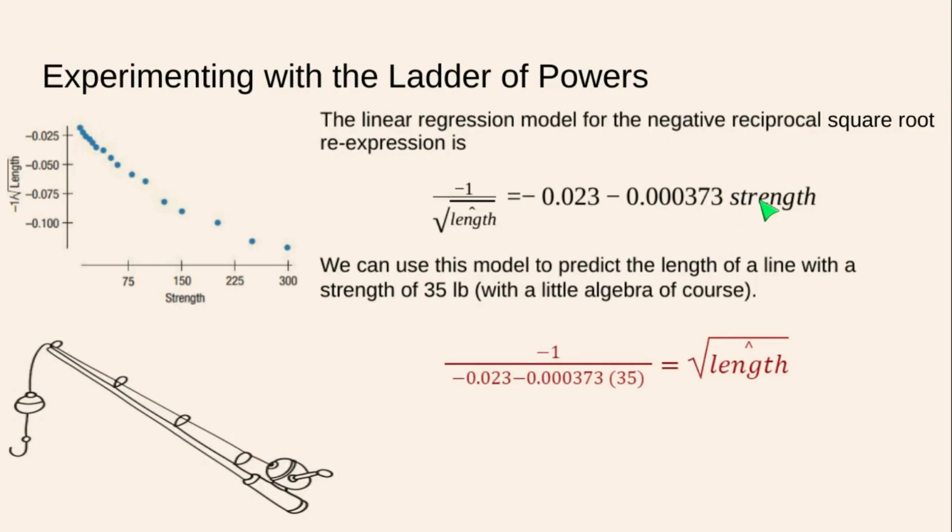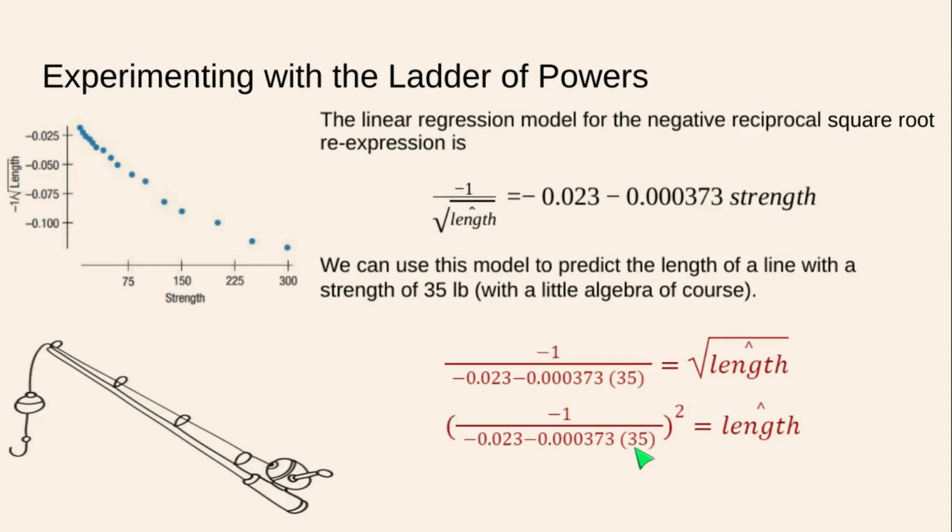So the whole right-hand side I'm putting in the denominator over here, and the denominator of my left-hand side is on the right. So I did a little switcheroo between the denominator of the left-hand side and all of my right-hand side. And I substituted 35 in for strength. Now what I would do is square both sides, and then I have a predicted length.